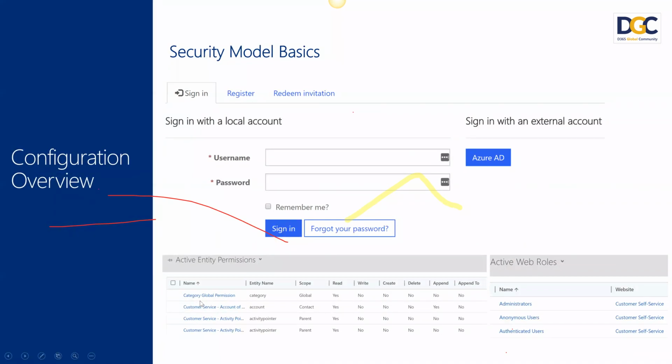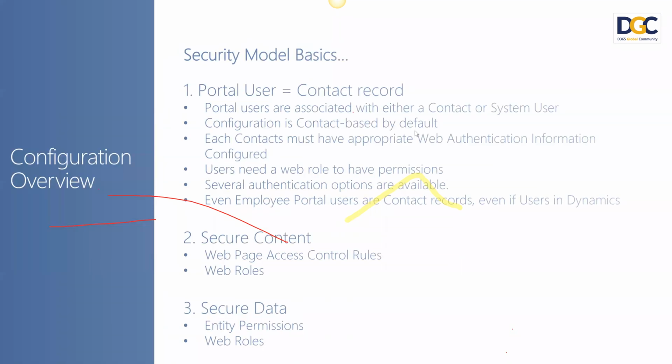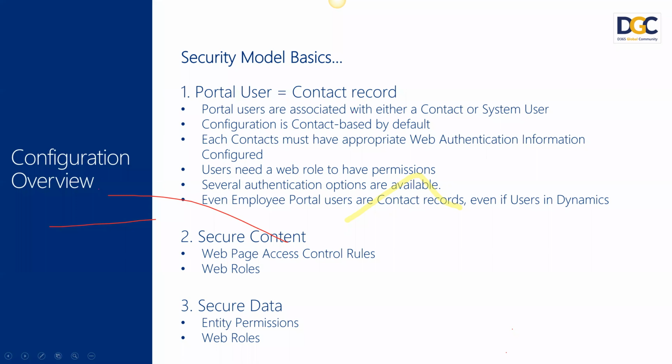So we talked about the entities. Now let's talk about security when we install the portal. A couple of security model basics. First, a portal user is nothing but a contact record, and an authenticated portal user is associated with the Dynamics contact record, or it could be a system user.